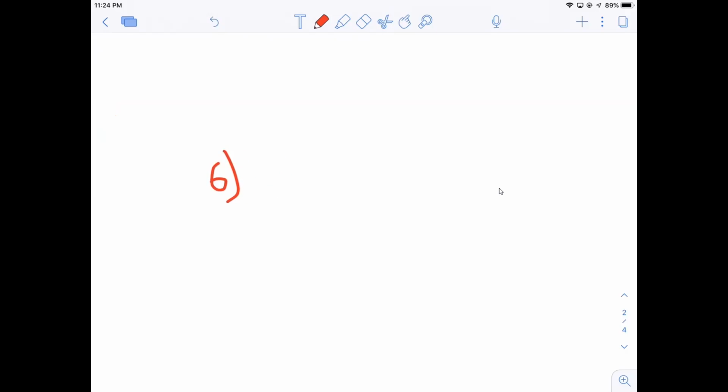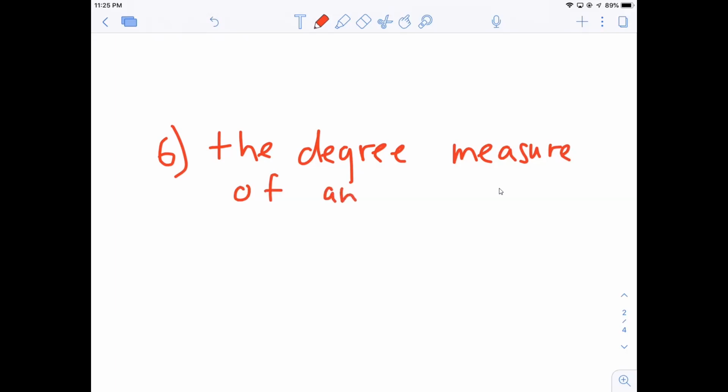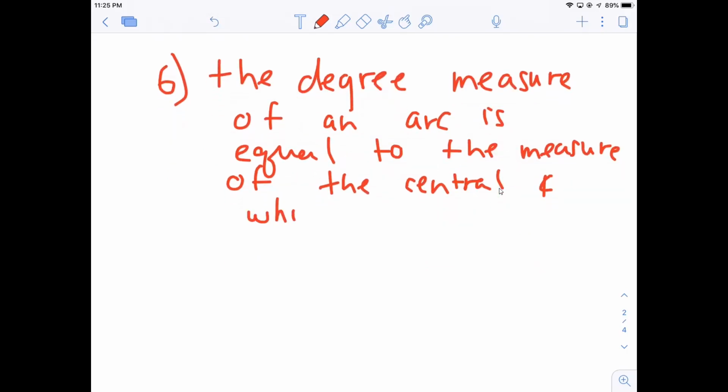The reason for that is the degree measure of an arc is equal to the measure of the central angle which intercepts the arc.